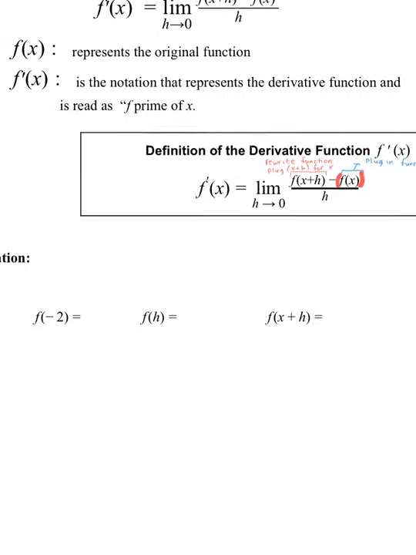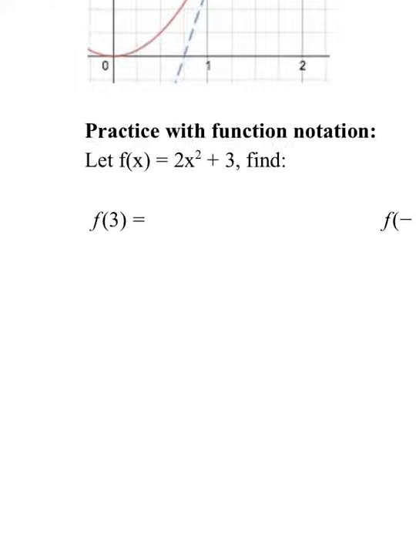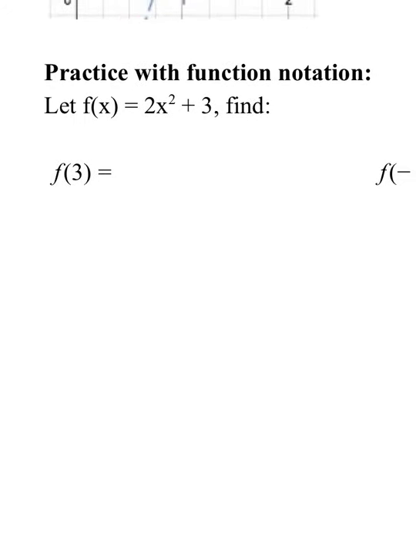Before we practice that, we just have to review function notation. So right up here, function notation. We have a function, f of x is 2x squared plus 3. What does f of 3 mean? That means we plug in 3 everywhere we see x. So it looks like this. We have 2 blank set of parentheses squared plus 3.